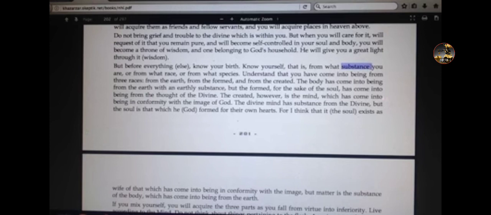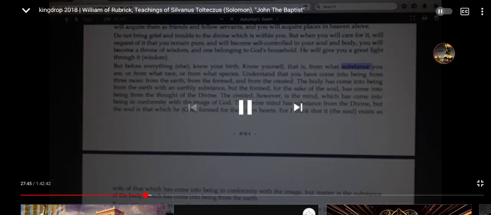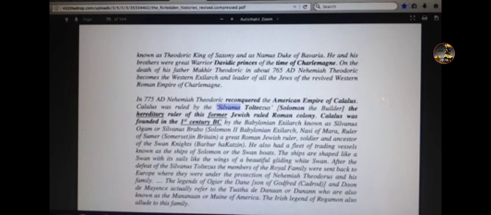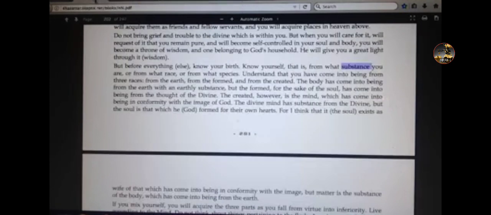Now we're gonna dig into the Nag Hammadi. I'm bringing in the drop. Let's go. What is Solomon the Builder talking about? Sylvanus told Texas: from what substance you are, or from what race, what tribe.